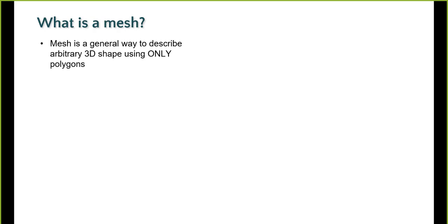A surface is inherently smooth because it has NURBS curvature and things like that. A mesh isn't. A mesh is made out of triangles or quads or even n-gons, any number of sided polygons that go together.